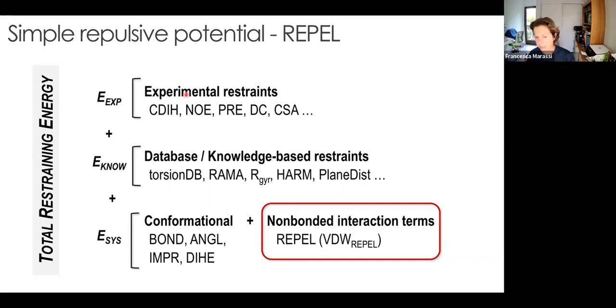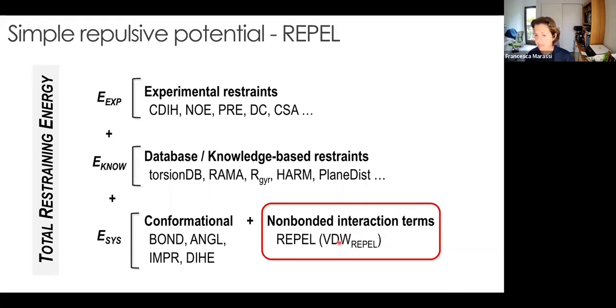It will contain some knowledge base terms like torsion dB, that's included in Xplor-NIH, radius of gyration, plane distances, what have you. And then it will have an energy that's really encoded within the force field that includes conformational terms like bonds, angles, improper dihedral angles, and dihedral angles, and a non-bonded interaction term.